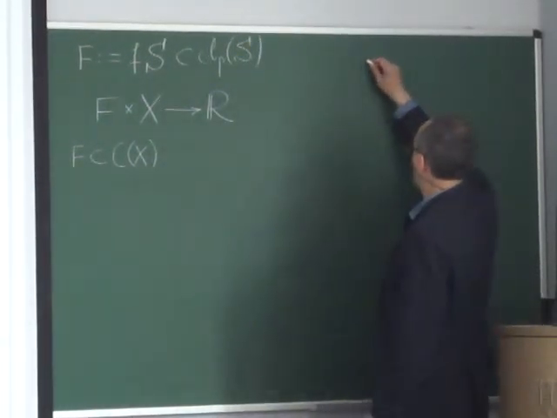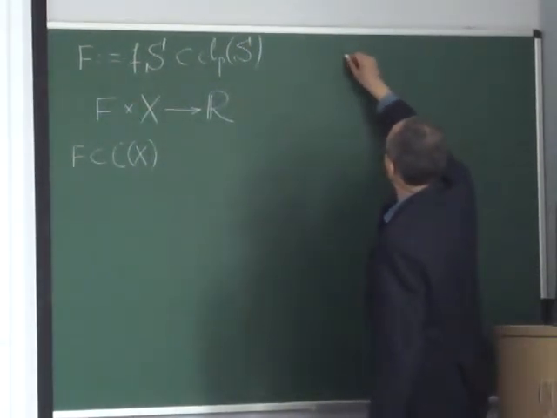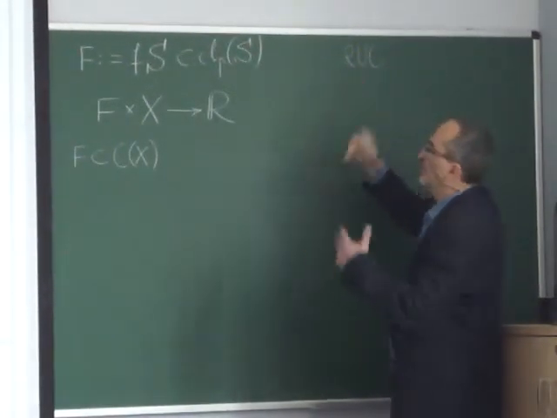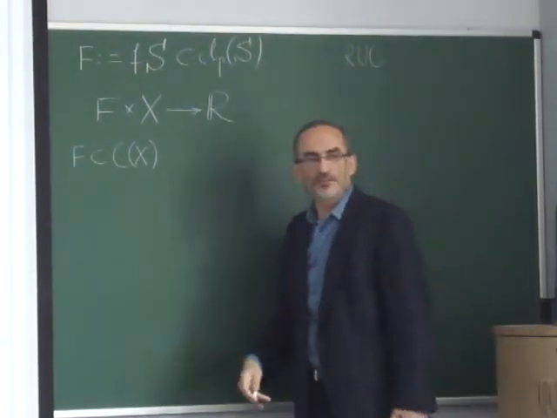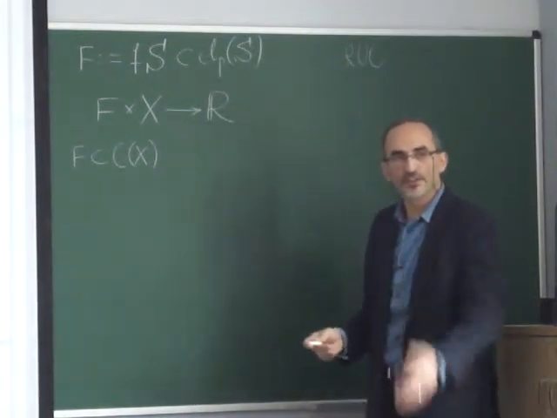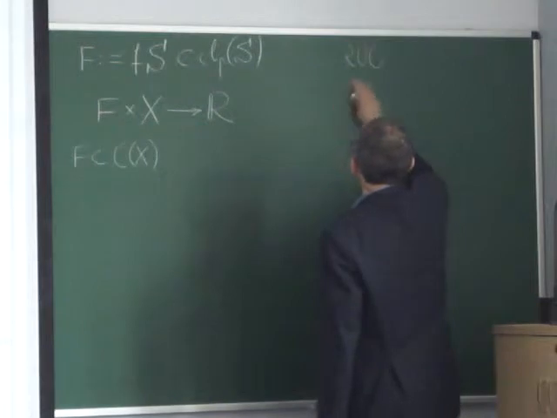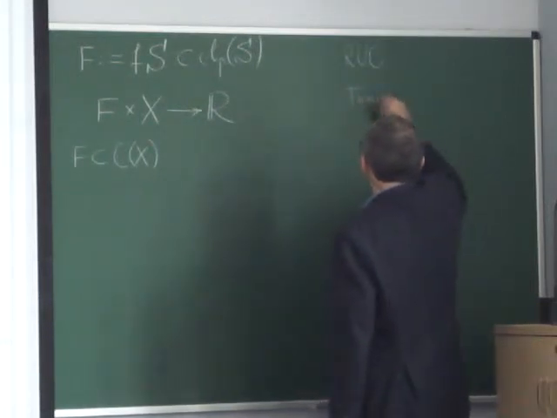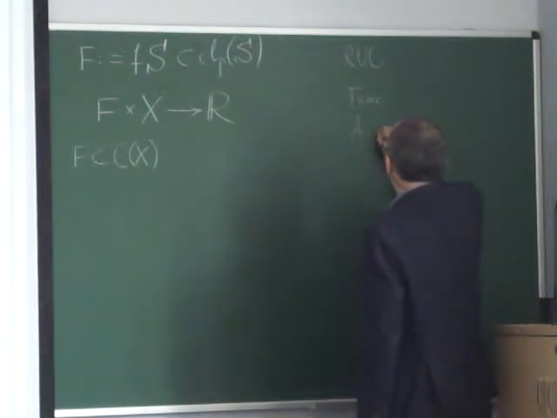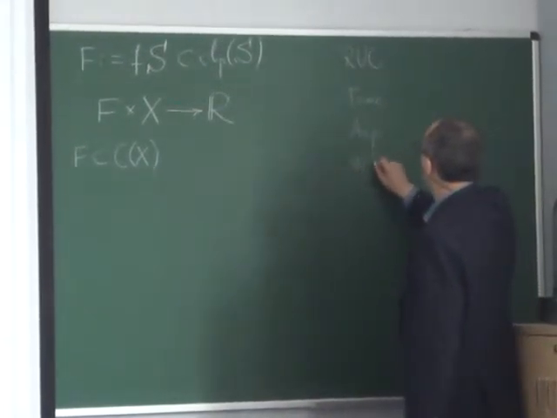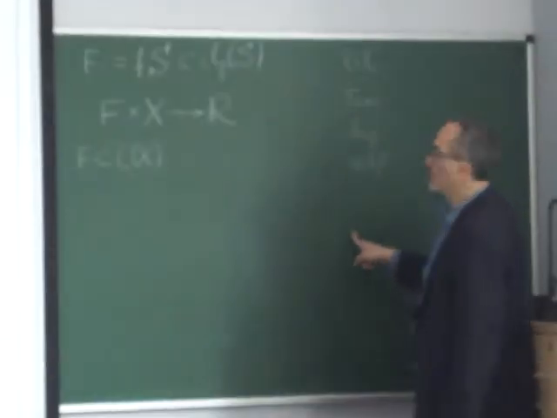Also, we have right uniformly continuous functions, a larger class, in the case that our dynamical system is continuous. We have Rosenthal spaces, right, and corresponding classes: tame functions, Asplund, almost periodic, always periodic.